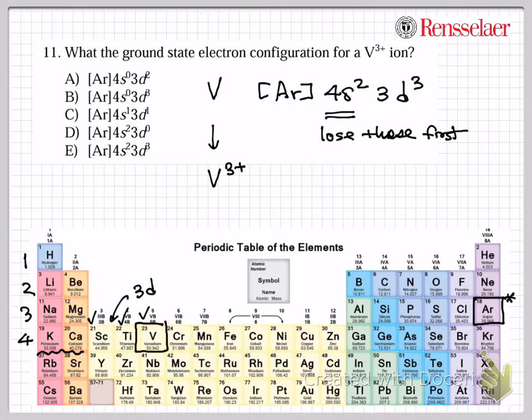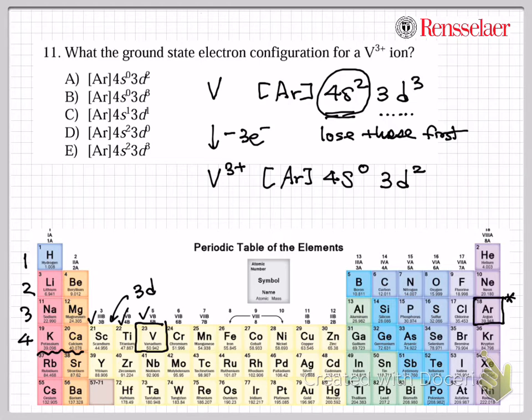After losing 2 electrons from the 4s, you still need to lose 1 more. So your answer will be argon, there is nothing in the s orbital, so 0, and 3d will retain 2. So net loss is 3 electrons. Therefore the answer for this will be A.